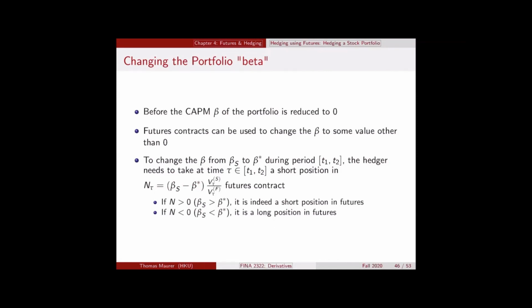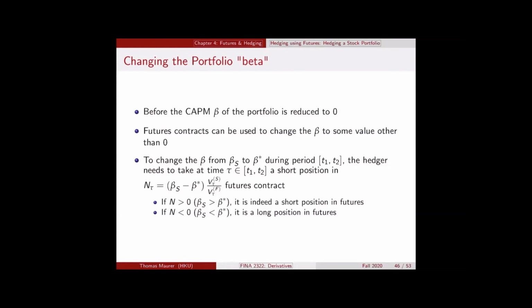Now notice that if our original beta is positive, so we had a positive market exposure, and if we want to decrease the market exposure to a smaller amount or potentially even negative amount, then our number n will be a positive number, and this will tell us we will take a positive number of short positions in the futures.